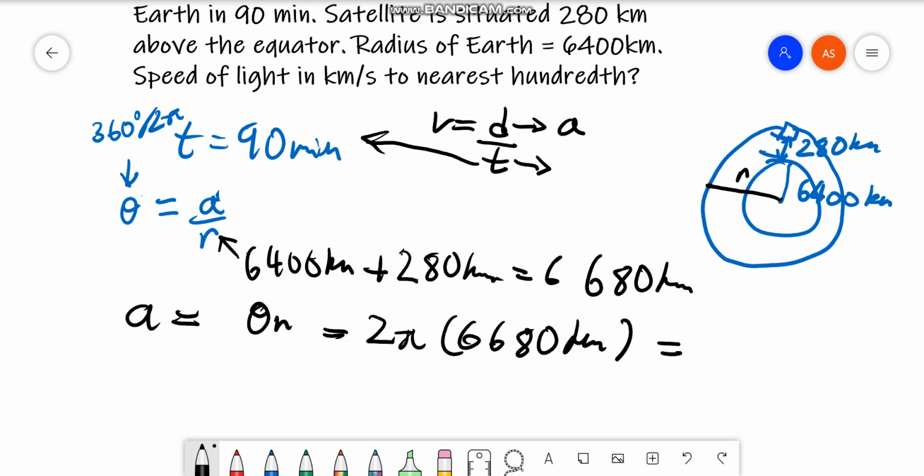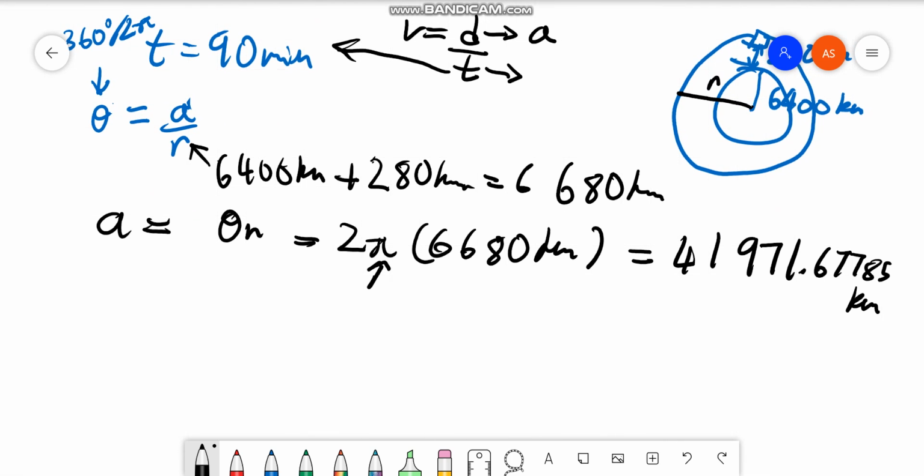In this case you need to multiply by the pi also, and you get 41971.67785 kilometers.